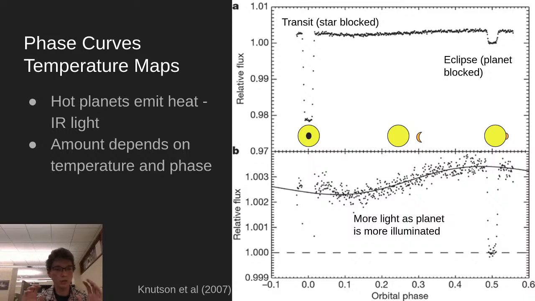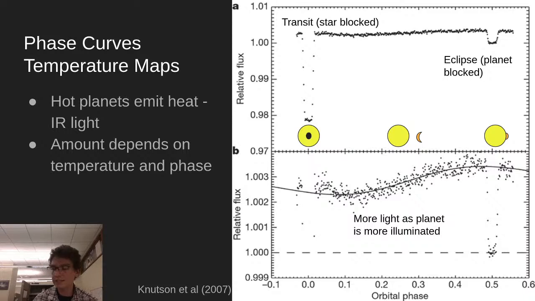Then, eventually, the planet is almost fully lit up, but it crosses behind the star from our perspective. It does the reverse of what it does when it transits. And so this causes another drop in the brightness, this time caused by the loss of the planet's heat.